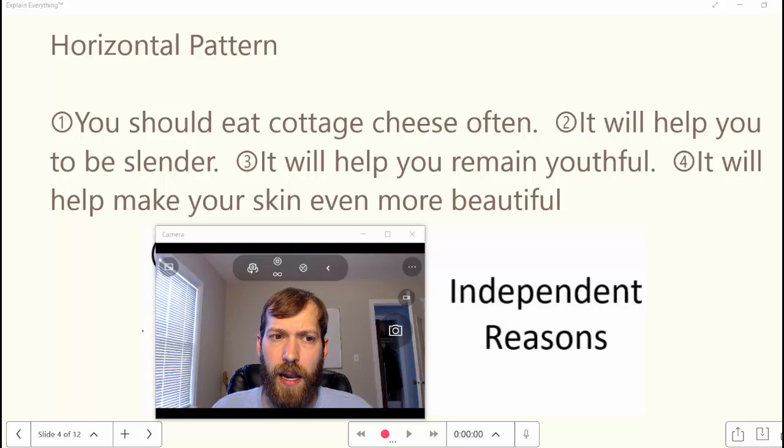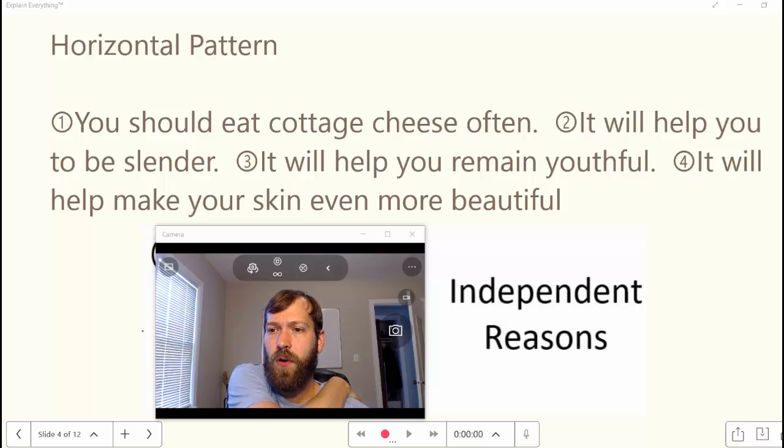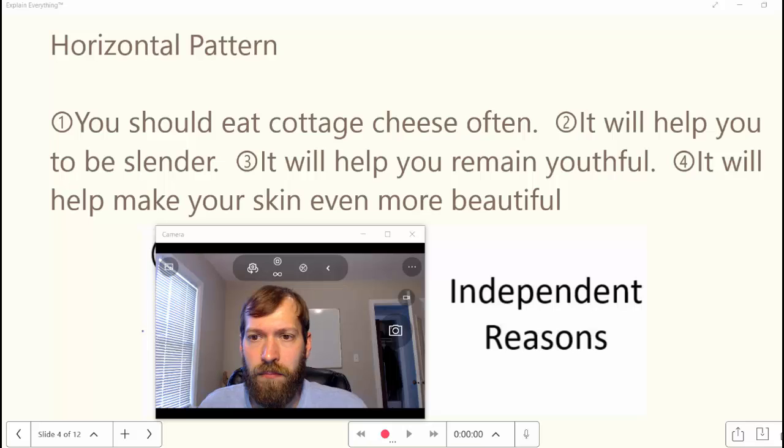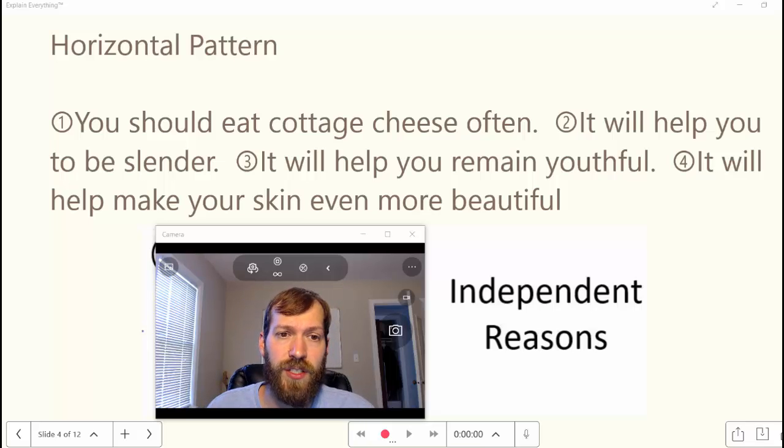So if we think about the information contained in statements 2, 3, and 4, each of those statements are the kinds of things that would suggest that you ought to eat cottage cheese, insofar as we take being slender to be good, youthful to be good, and our skin being even more beautiful to be a good thing. So insofar as those are good things, each of those suggests that 1 is true.